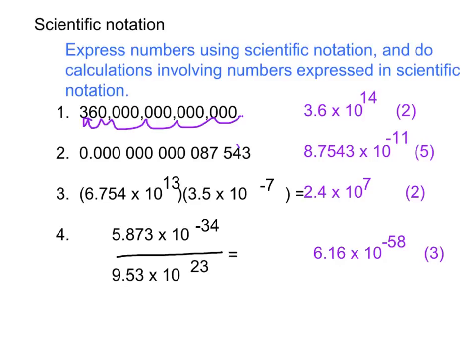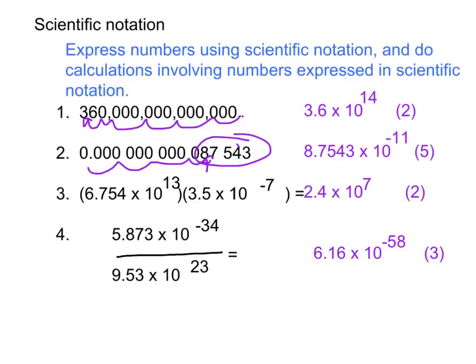On the second one, again, we want 1 in front of the decimal, so we're going to move it to between the 8 and the 7, so 3, 6, 9, 10, 11. Since it's a very small number, we put a negative in front of it. We keep all of the numbers back here because they are all whole numbers and significant. So there's 5 significant figures.